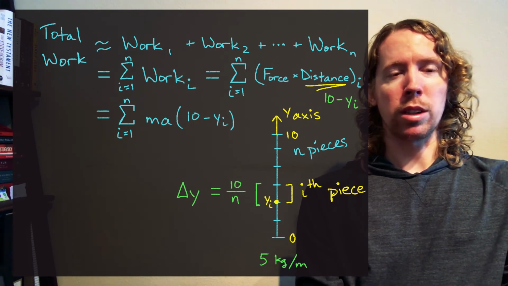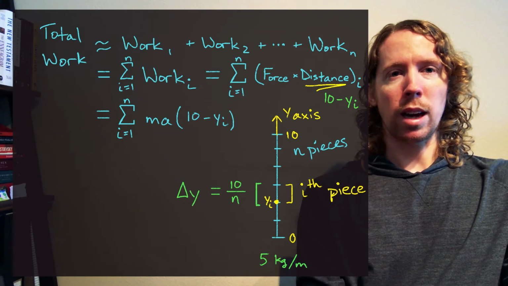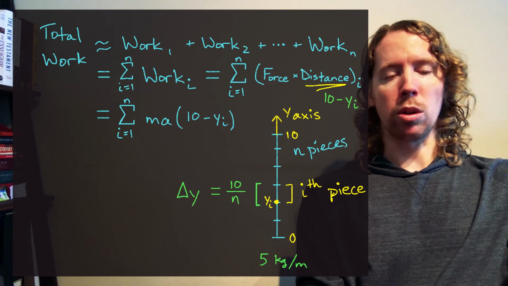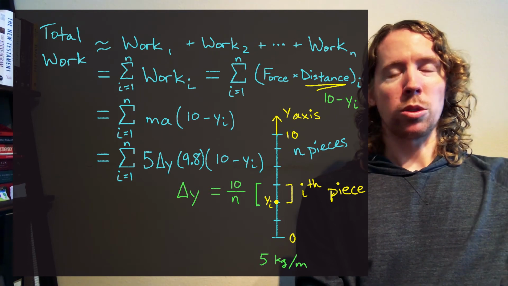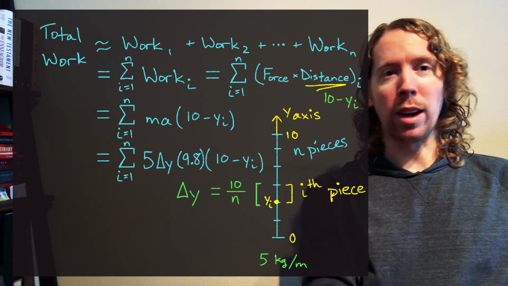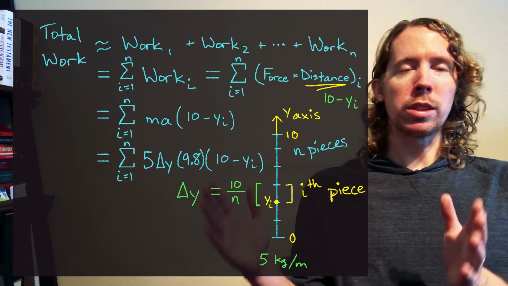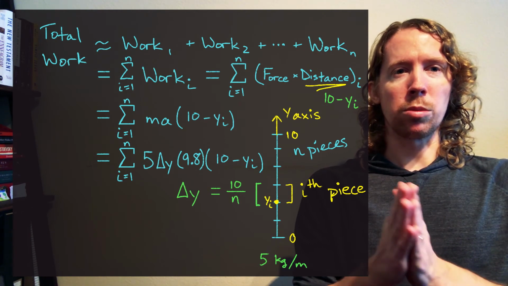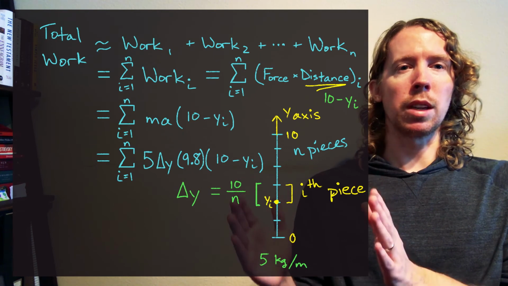Mass times acceleration, the mass is the linear density times the length of the piece. Linear density was 5 kilograms per meter. So the mass is going to be 5 times the length delta y. So as we add up the work done on these n pieces, we're just adding up 5 times delta y, and then the acceleration was 9.8, and then we're multiplying that force times the distance of 10 minus y.